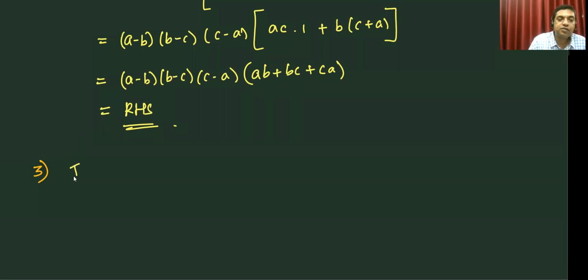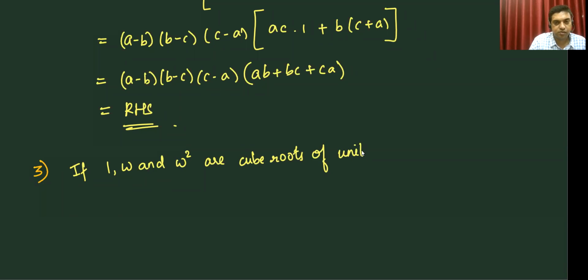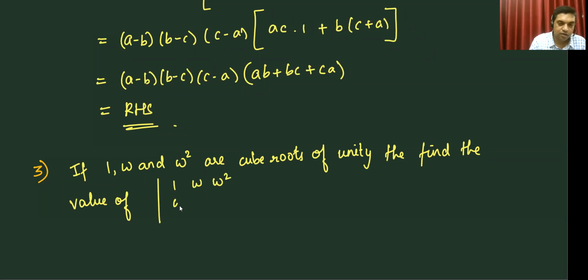See, if 1, omega and omega square are cube roots of unity, then find the value of the determinant with rows 1, omega, omega square; omega, omega square, 1; and omega square, 1, omega.